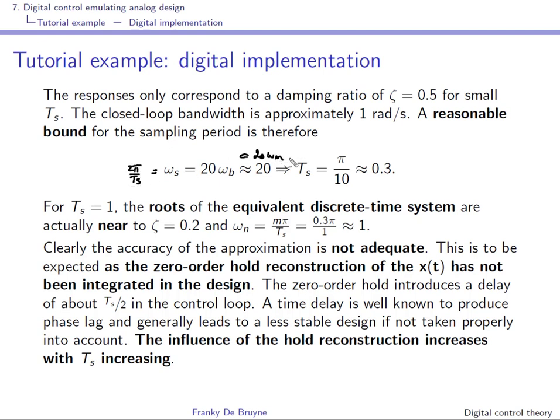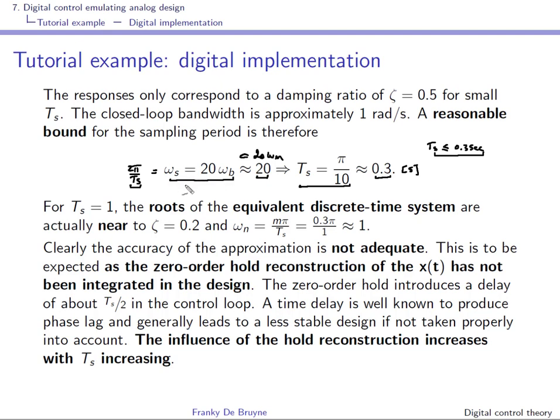By the way, we have imposed omega n to be 1, so this is why we have approximately 20. From this relation we can see that a reasonable bound is TS equal to pi over 10, which is 0.3 seconds. So TS smaller or equal to 0.3 seconds is a reasonable bound according to this rule.